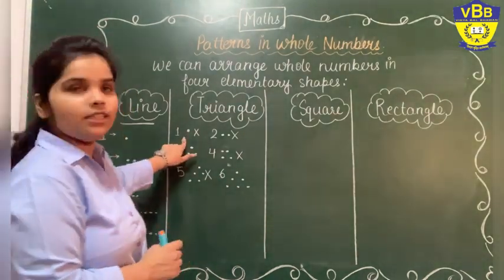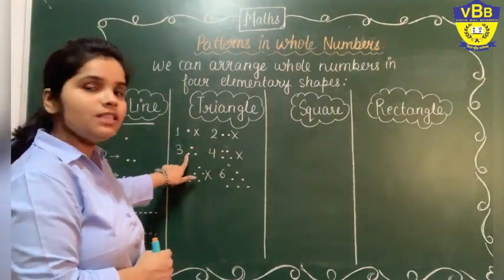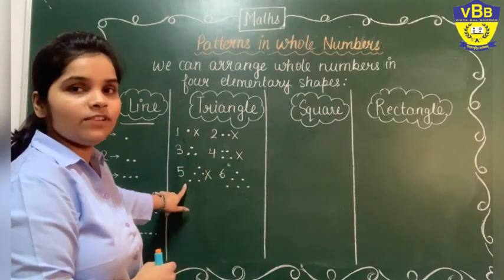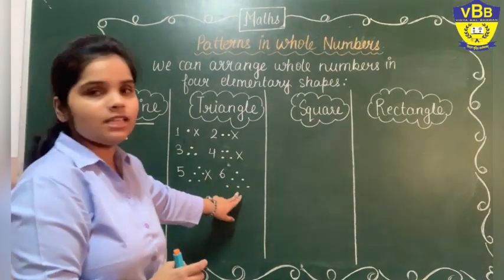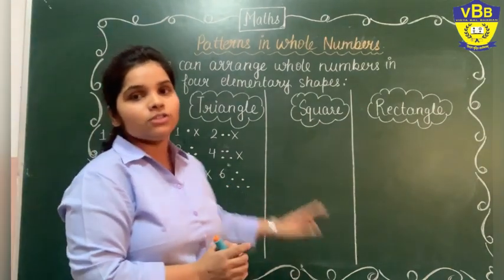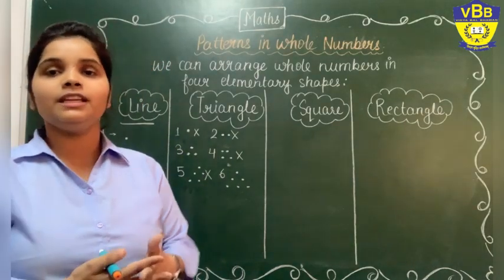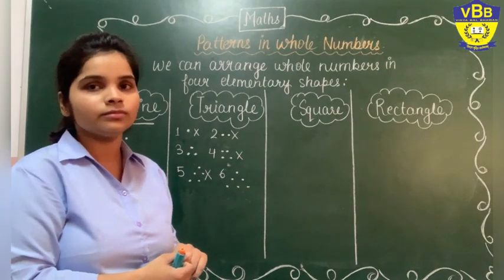So 1 is not a triangular number, 2 is not, 3 is a triangular number, 4 is not, 5 cannot be represented in a triangle so it is not, 6 is a triangular number. So, can you find more whole numbers that can be represented in triangle form?